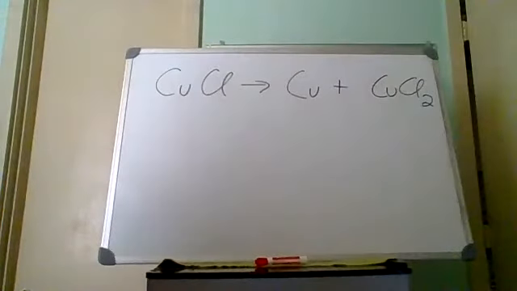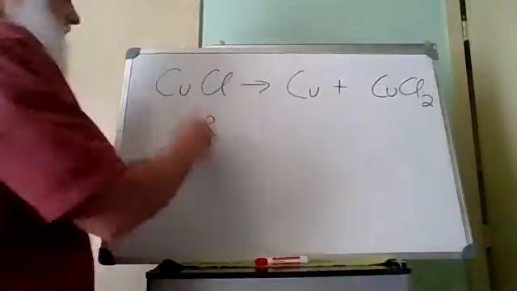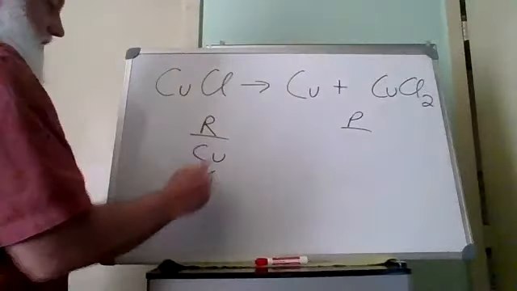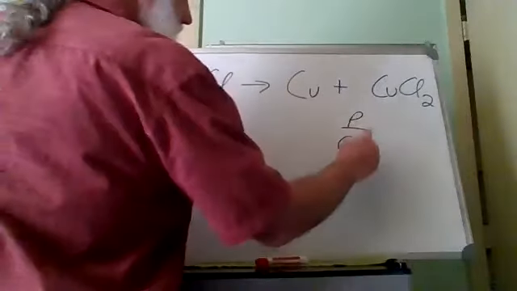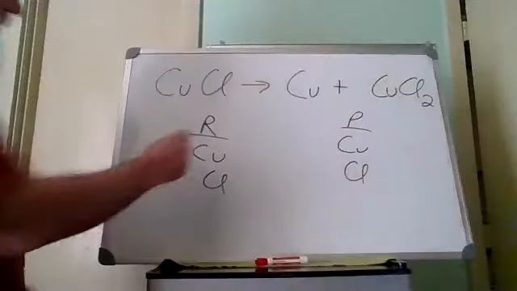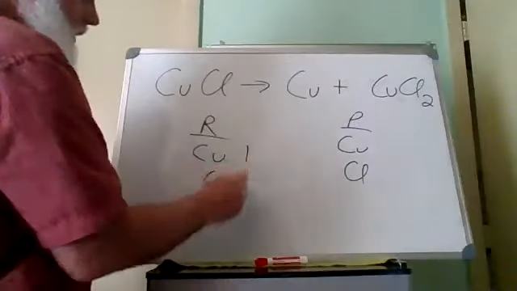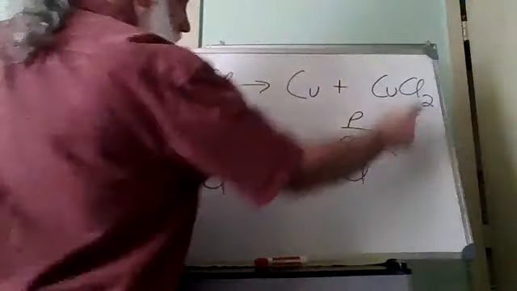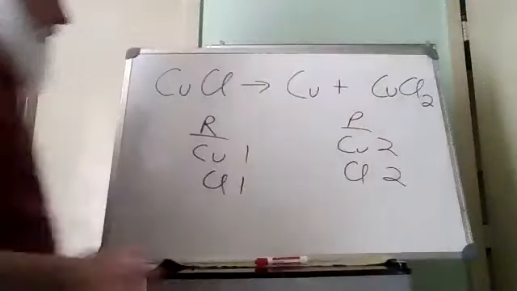So we're going to balance this. Reactants and products. Copy the elements down, Cu and Cl, and Cu and Cl. Here I see 1 copper and 1 chlorine. Here I see 2 coppers and 2 chlorines.